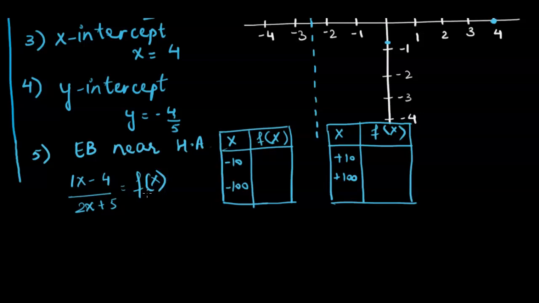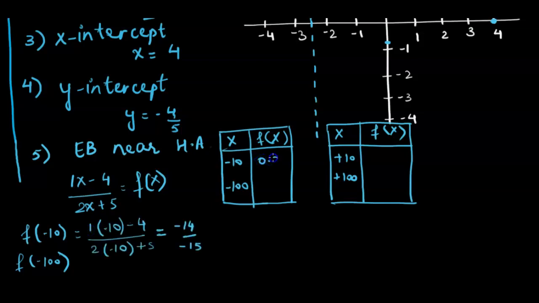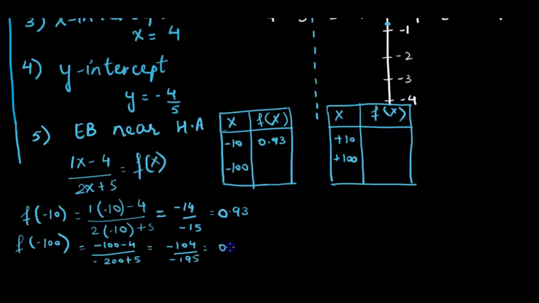Since we have to find the values of y when x is -10 and when x is -100, we put everything in the calculator, substituting x as -10. This gives us 0.933. Similarly, we can solve for the y value when x is -100. This gives us 0.533.